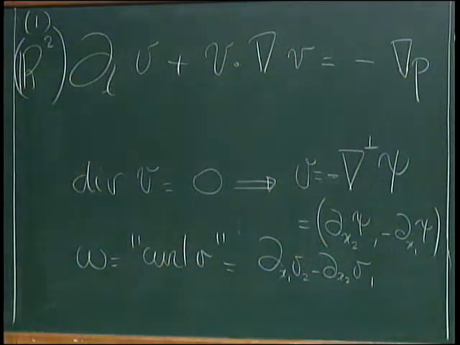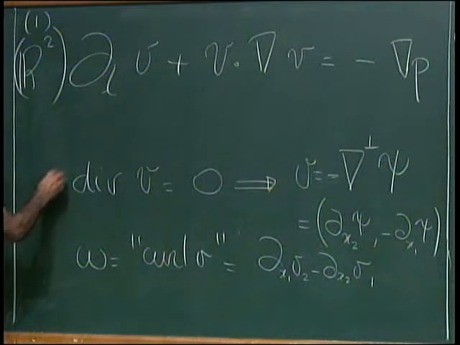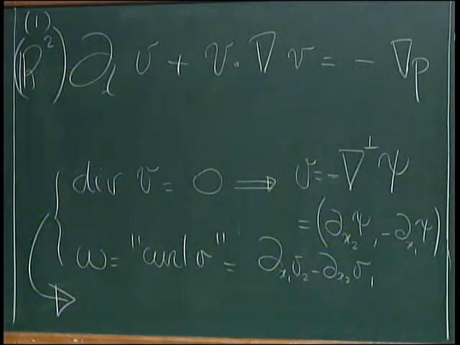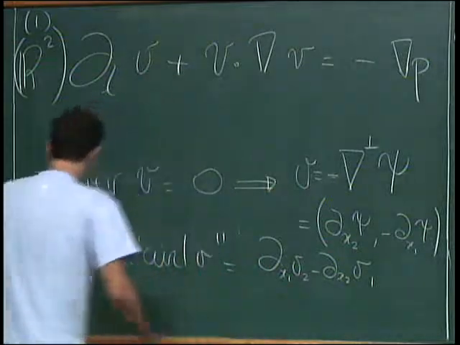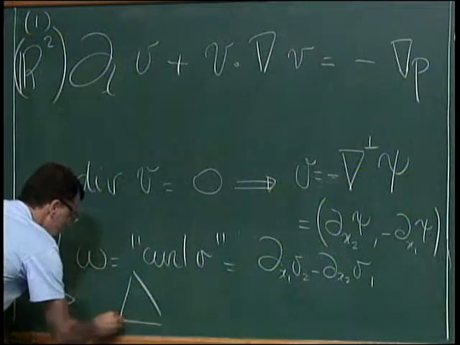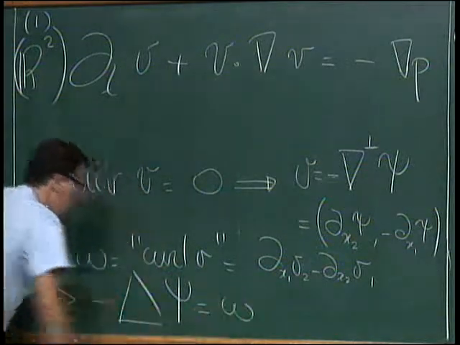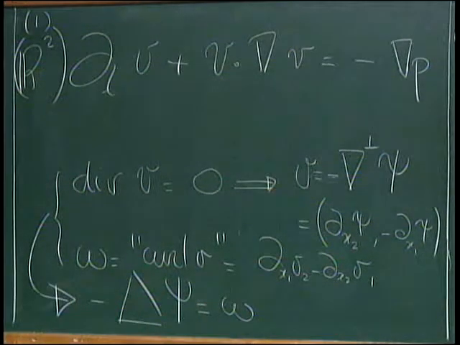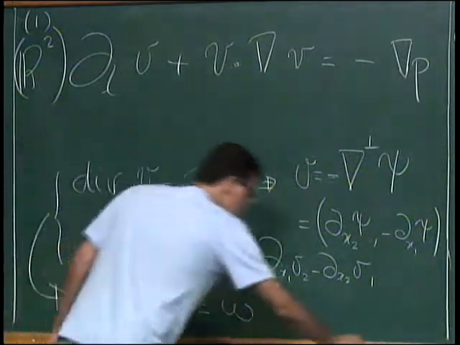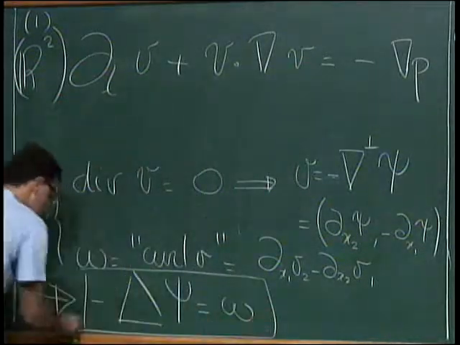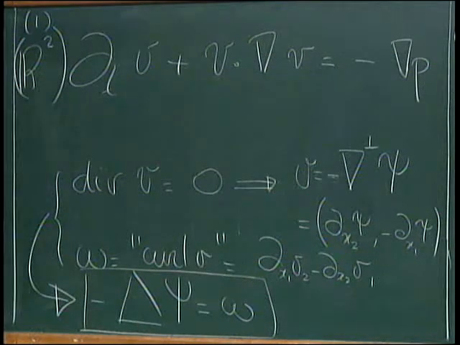And moreover, before I talk about this particular solution, let me write the following consequence of these 2 equations. If I plug in this V here, inside here, I will get that Laplacian of minus psi is equal to omega. So the Laplacian comes to this question through this equation. So this is a key point in the talk.